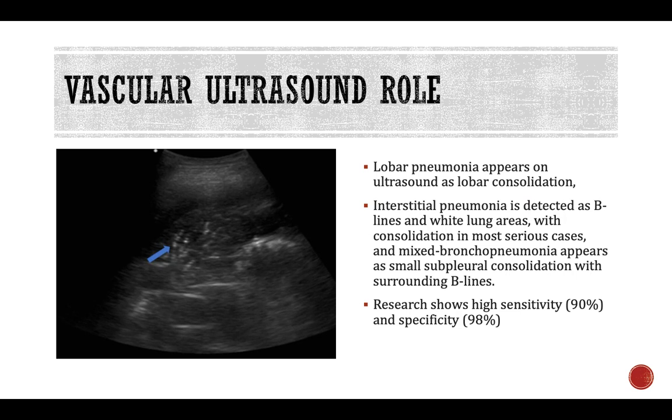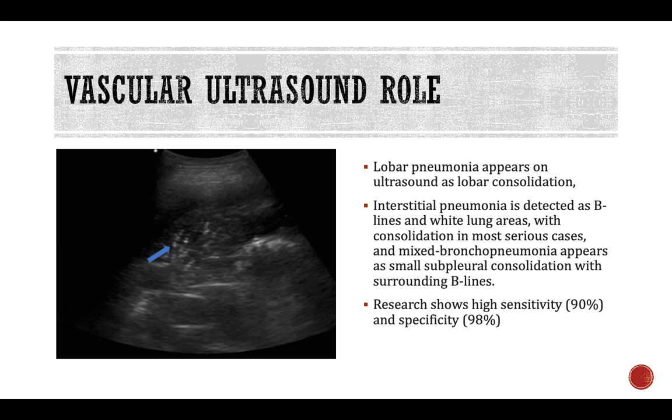The vascular ultrasound role with lobar pneumonia is that it can help identify lobar pneumonia, especially with the consolidation. Again, that's the buildup of those fluids. You can see that on the ultrasound, where that blue arrow is pointing. That white circular space is an indicator that pneumonia is present within the alveolar space of the patient.